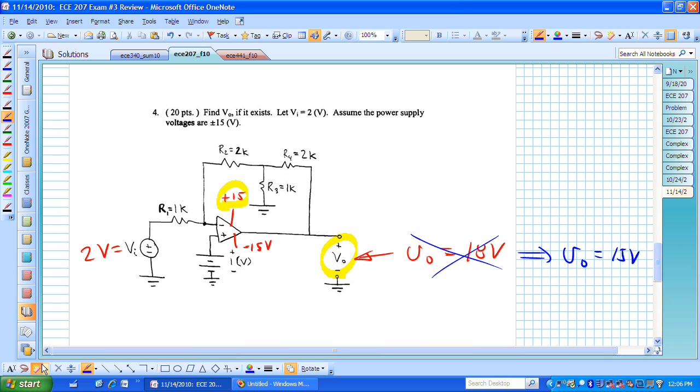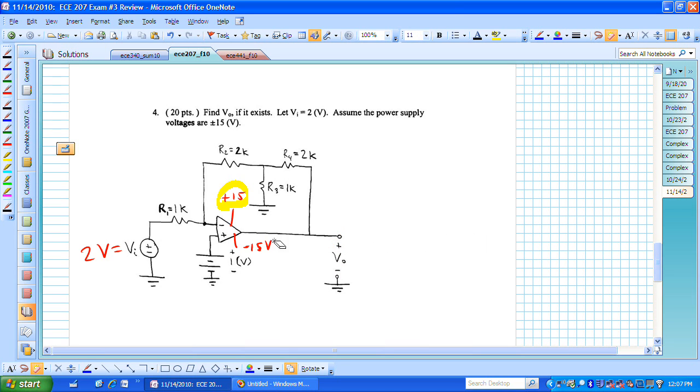Let's check that, though, and see if we are in saturation at the very end, or if we continue to be in the linear region of operation after analyzing the circuit.